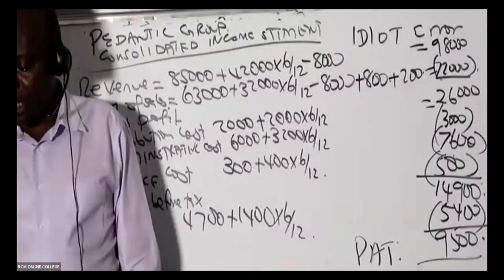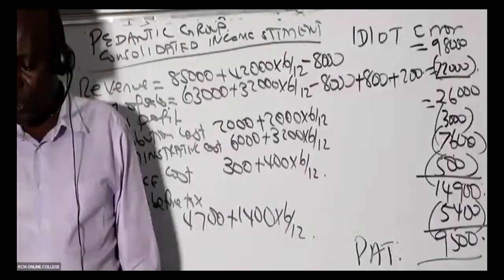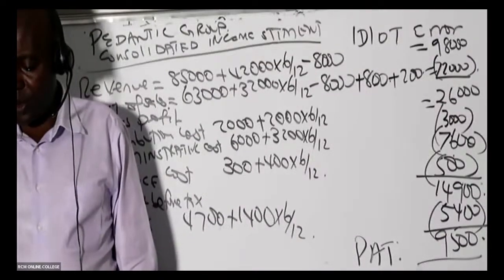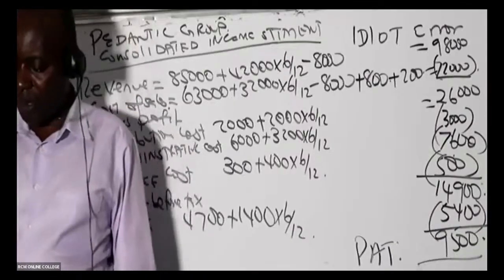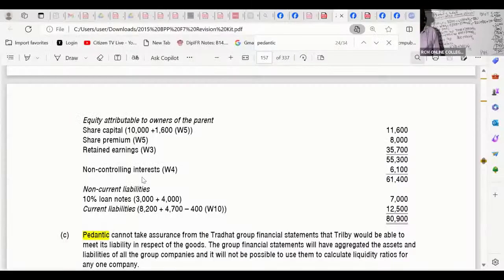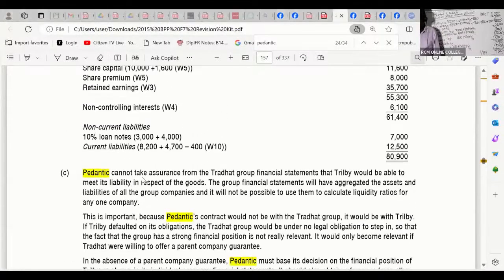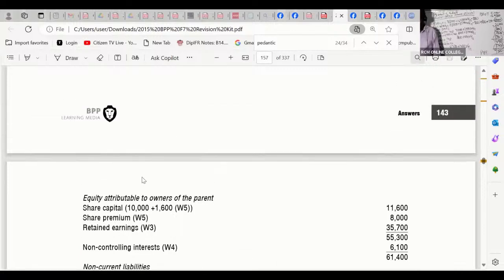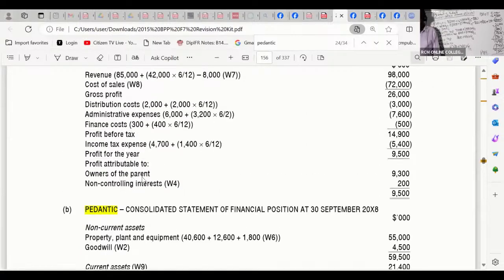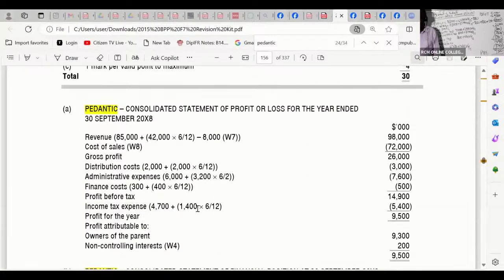In my tomorrow's class, I'll be teaching you something very nice: foreign subsidiaries, when you have a subsidiary abroad. So you just finish here with the profit of the year, 9,500.